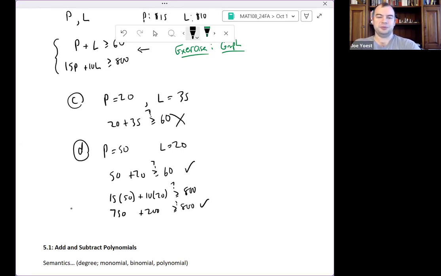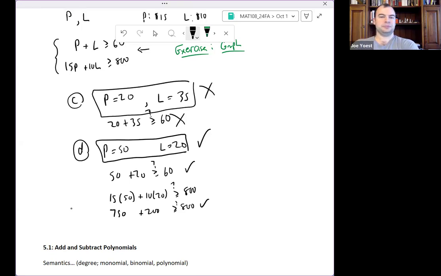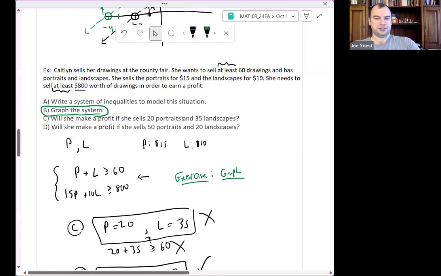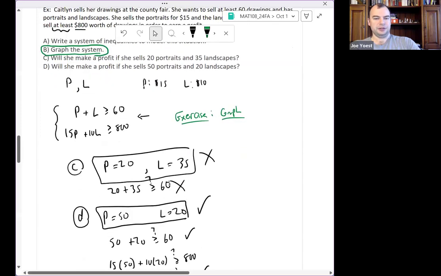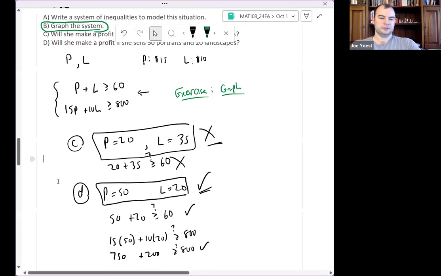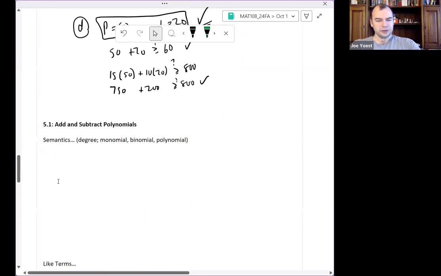She sold enough paintings, she made enough revenue. Yes, this is a solution. This one is not. As an exercise, graph the system and check these two points on your graph and make sure that this one is not a member of the solution set and this one is. Any questions so far?